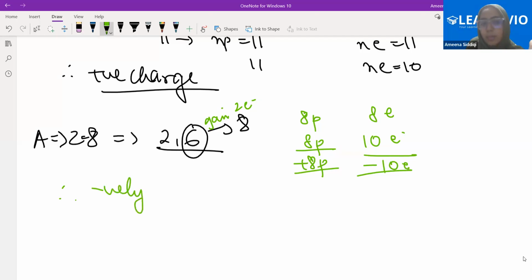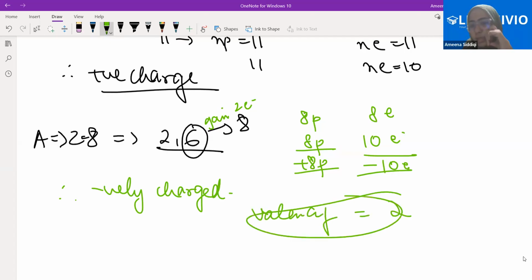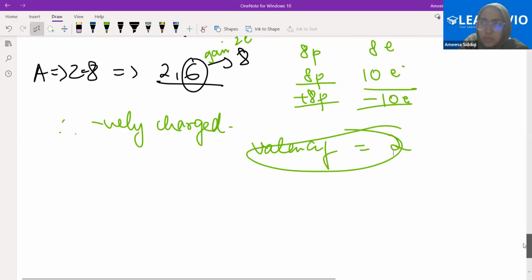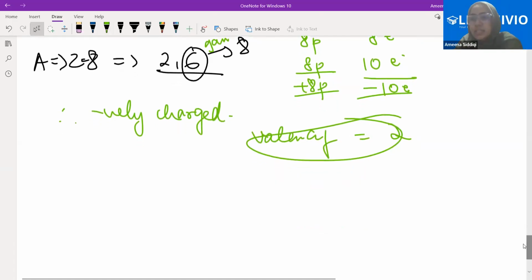Therefore, it is negatively charged. What's the valency here? How many electrons does it gain? 2. Very good. Valency is equal to 2. Clear, Gia?